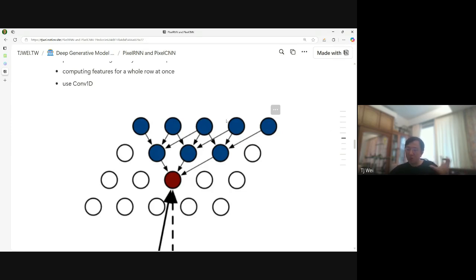But generating the first row is another problem. Perhaps we can have another model to generate the first row, and because this is just a simple sequence, we can probably use the LSTM directly, but that is an issue.